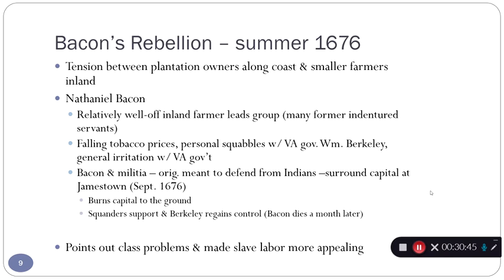And from that standpoint, if you remove yourself from the obvious moral and ethical issues involved, economically speaking, there is a lot in favor of slavery. So Bacon's Rebellion really does contribute to a shift in the idea that maybe slavery is the labor system that the Chesapeake region should devote itself to. And ultimately, that's going to be the case.